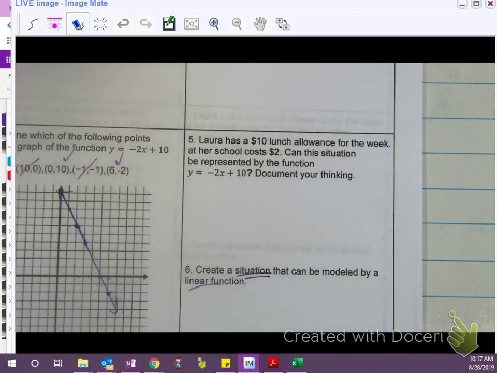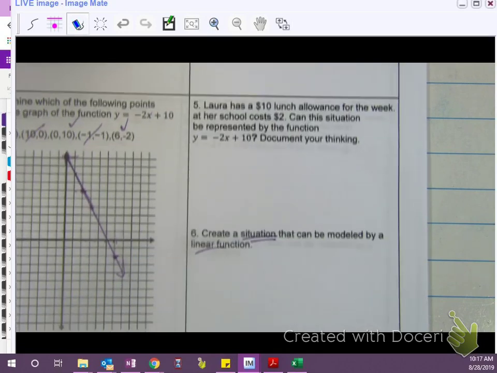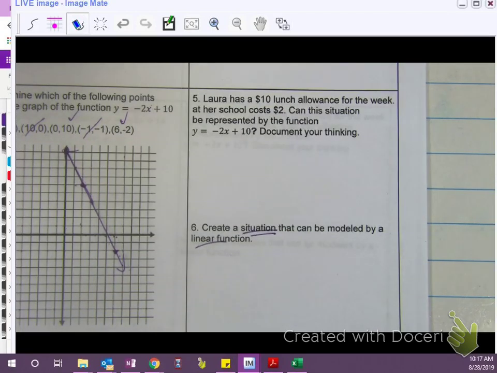All right. So coming back around. All right, I'll just open this one up to anybody because we've been to each group. Tell me a situation that you can think of that can be modeled by a linear function. Oh, yes. Okay. So, it's like a story.